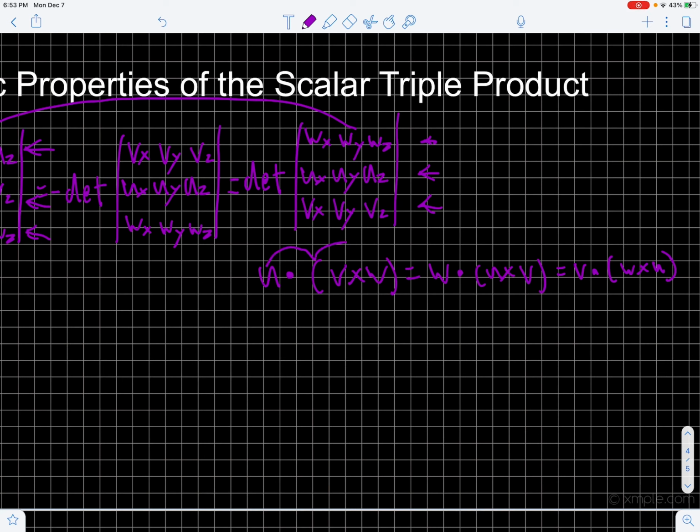So if we rotate these either to the left or to the right, either way, if the dot and the cross stay the same and the letters move, it's the exact same.